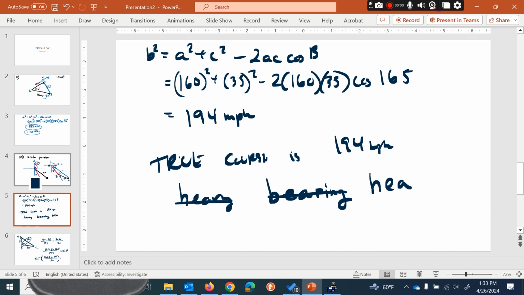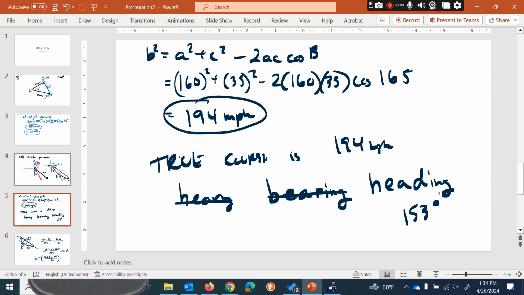All right, let me write it. So the plane is flying at an airspeed, the true course of the airplane is 194 miles per hour and heading 153. Sometimes it's called bearings, I'm not sure. But anyways, we are done there. So there's your two answers here.